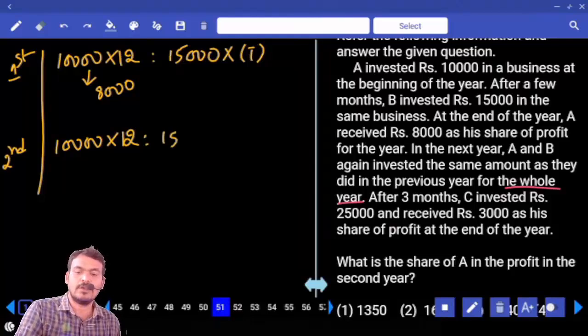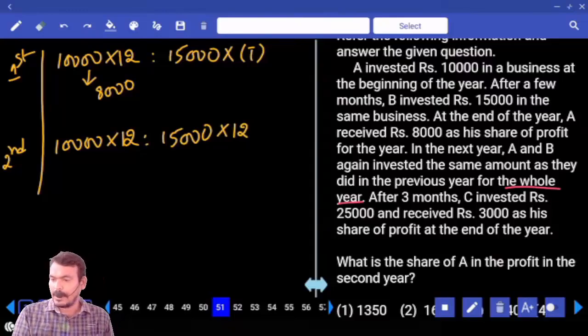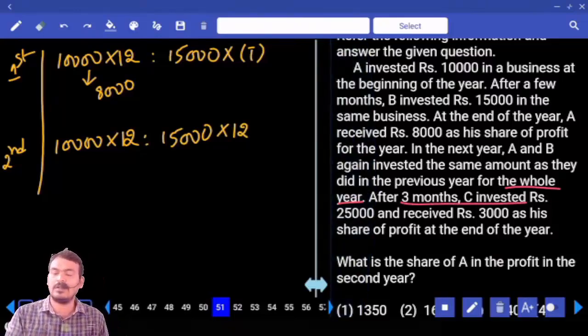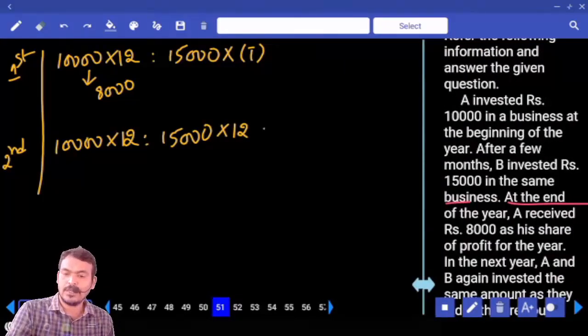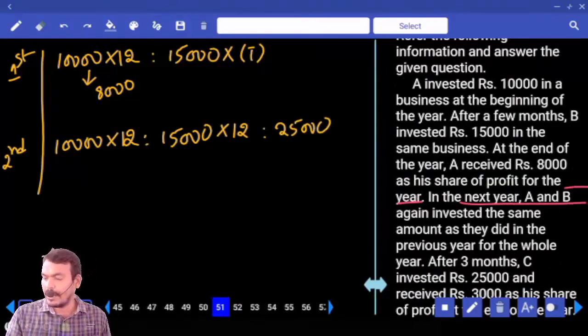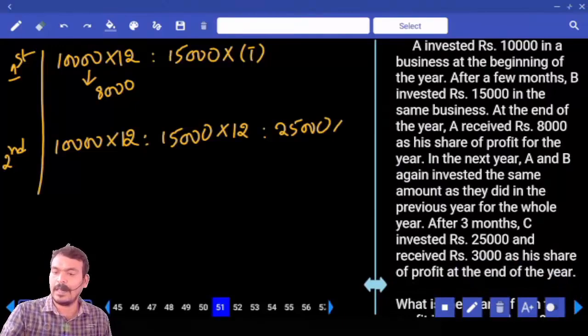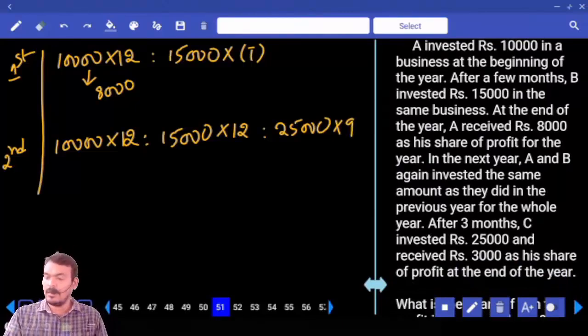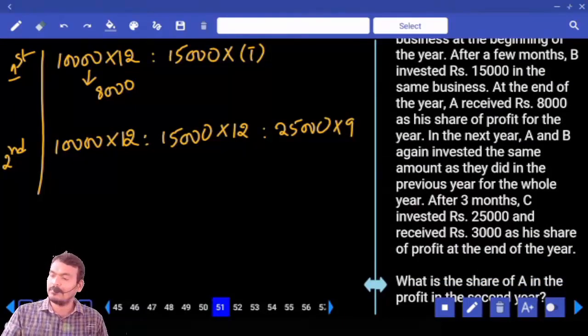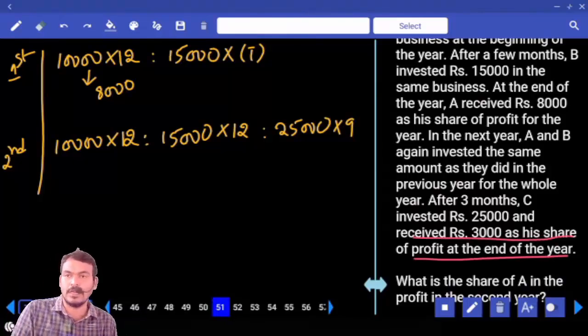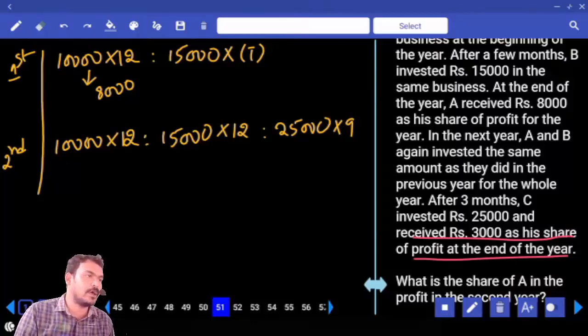Or the B investment 15,000 used for how many months? 12 months. Next, after 3 months, which one are joined? C joined. Means C investment is 25,000 used for how many months? 9 months. Okay. And one more, and he received 3,000 as his share of the profit at the end of the year. Nothing but only C profit are given.